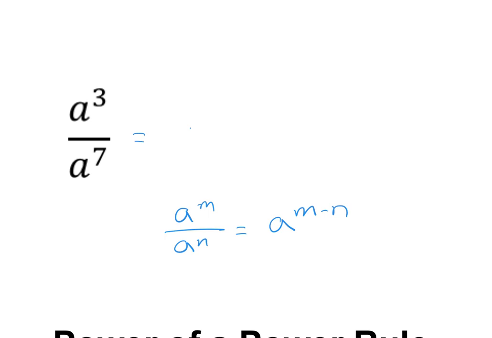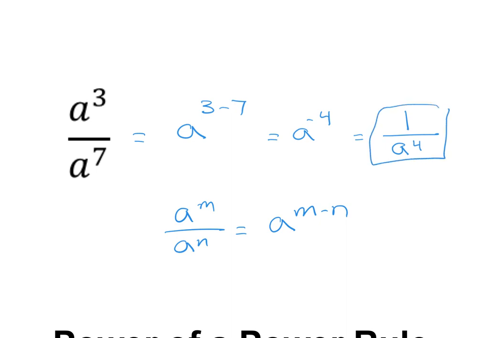So this is going to be a to the 3 minus 7, which is a to the negative 4th. From the first page, we talked about 2 to the negative 3. What was 2 to the negative 3 equal to? 1 over 8, right? We don't like negative exponents. So a to the negative 4th is equivalent to 1 over a to the 4th.